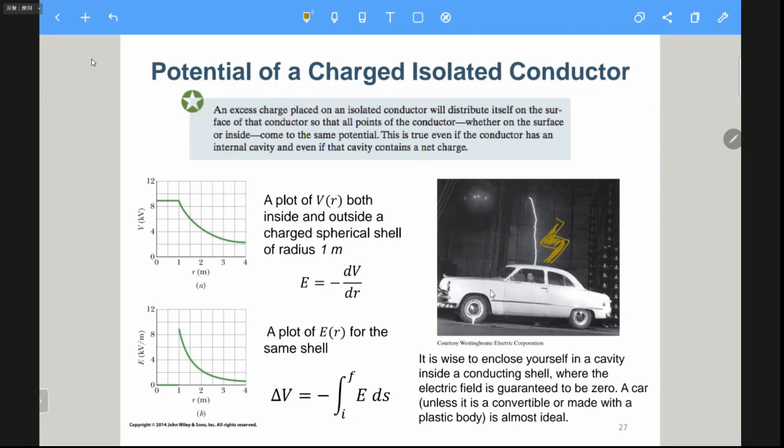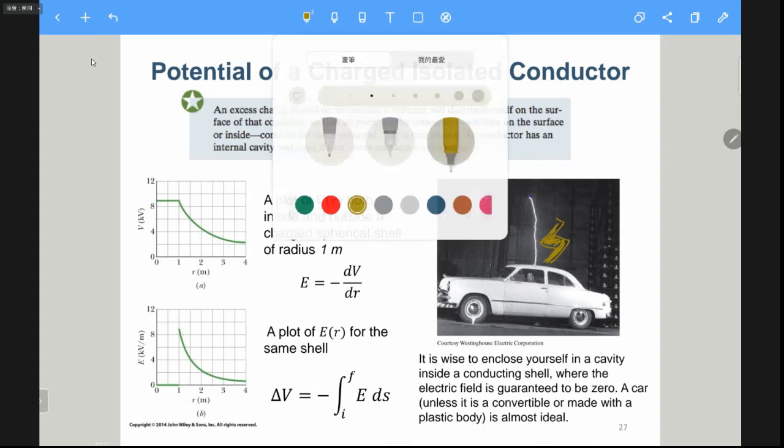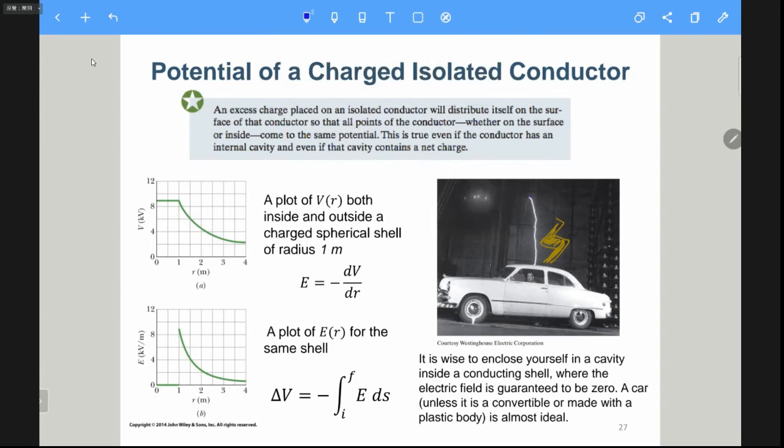Of course, the potential of the car will go up from the ground. However, whether the man will die depends on how much power or current goes through that person. For the whole car, the potential will be kept the same because the shell of the car is a conductor.